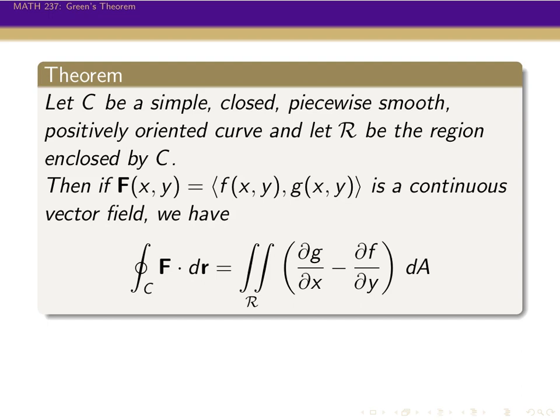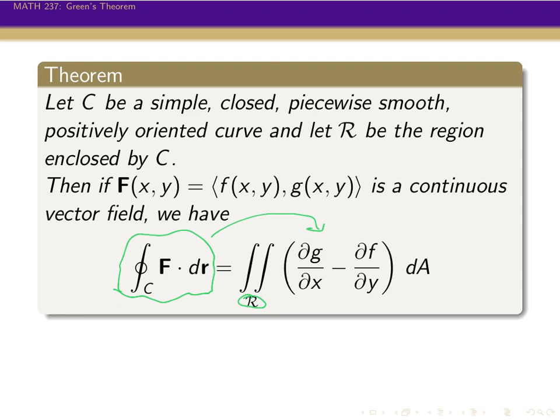Okay, then what Green's theorem says is really interesting: if we take any continuous vector field F, then the value of the integral along the closed curve on the outside is equivalent to this double integral on the region inside, where our vector field function F gets transformed into the partial of the y component with respect to x minus the partial of the x component with respect to y, integrated over all of R, right?